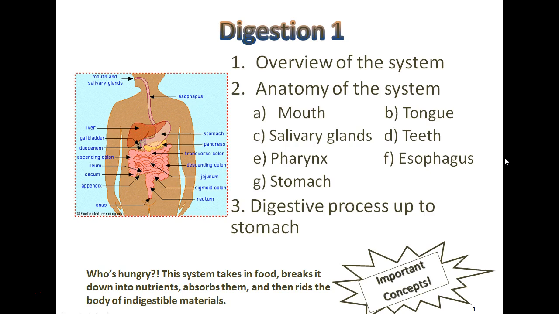And we need to absorb them. And then when we're done taking the good stuff away from the food, there are some unusable items, and those things need to be gotten rid of. So let's go ahead and start our discussion with some overviews and then go into some anatomy of the system.